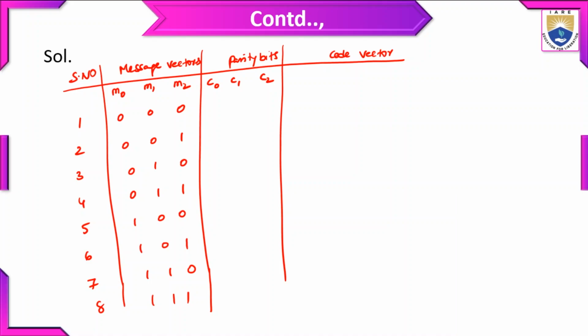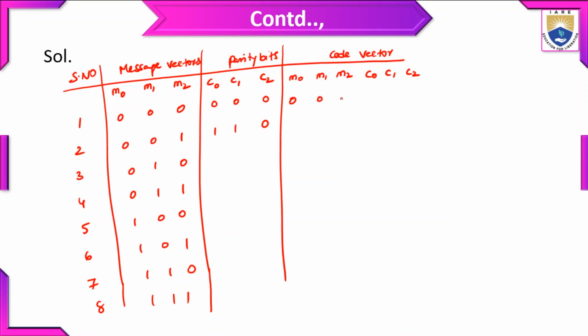For this message vector, we are going to find the parity bits. Already we saw two examples, the first bit and the second bit. Here 1, 1, 0. And here we write M0, M1, M2, C0, C1, C2 side by side. This is my code.